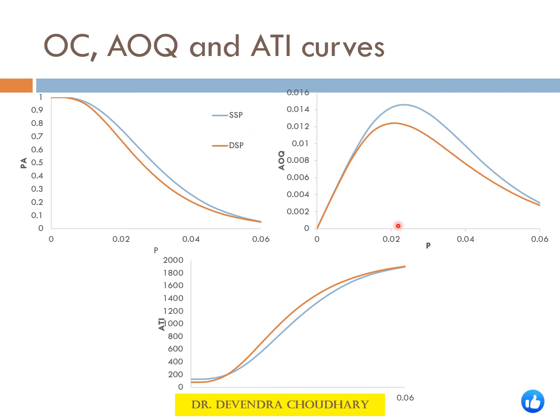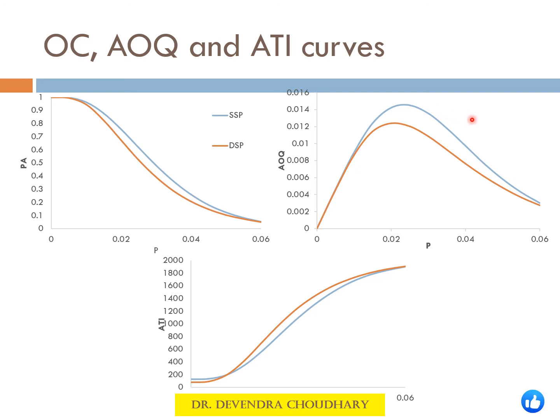For given fraction defective P, the average outgoing quality of double sampling plan is lower than the average outgoing quality of single sampling plan.